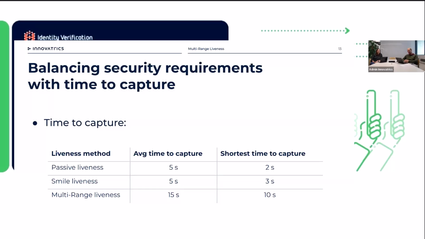But we consider that the longer time to capture is not that much of an issue if we know that every user is capable to finish it. So that's why we think that this longer time to capture is okay.